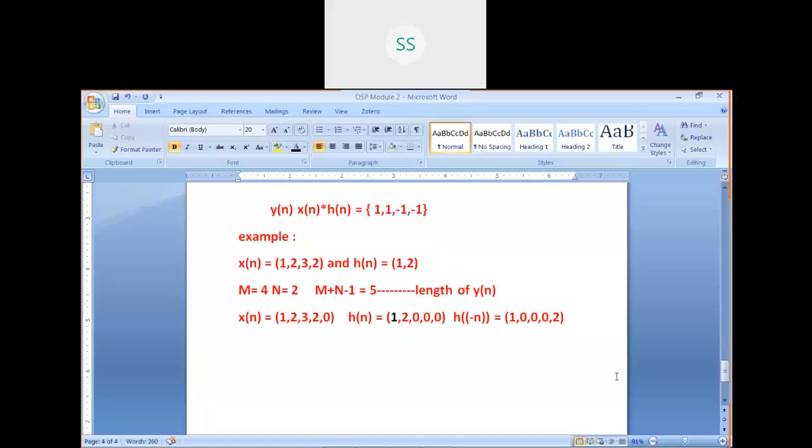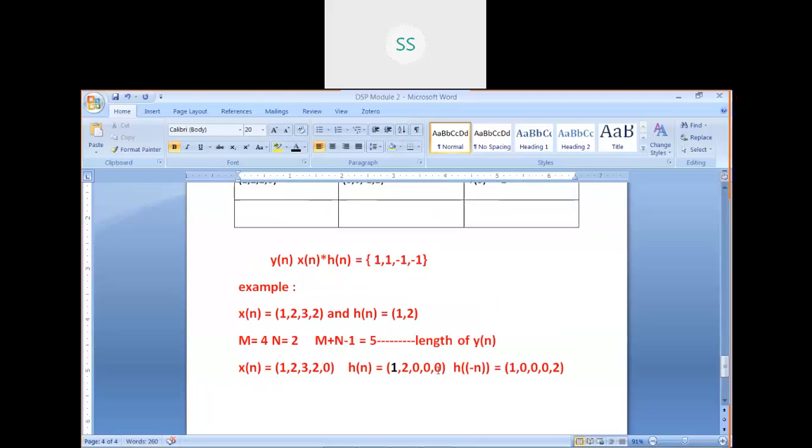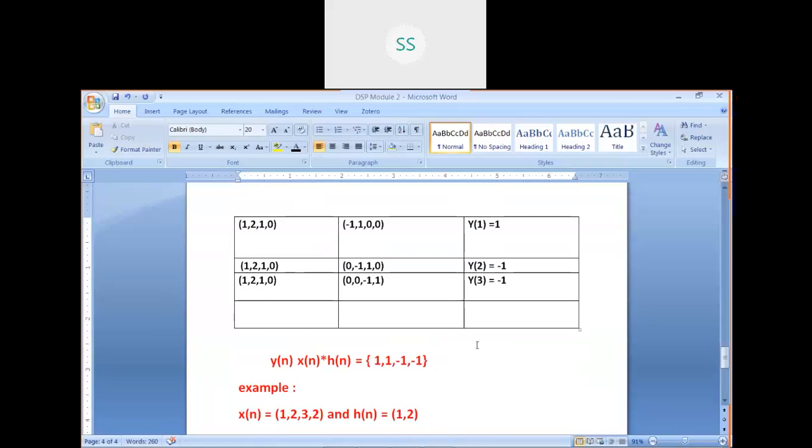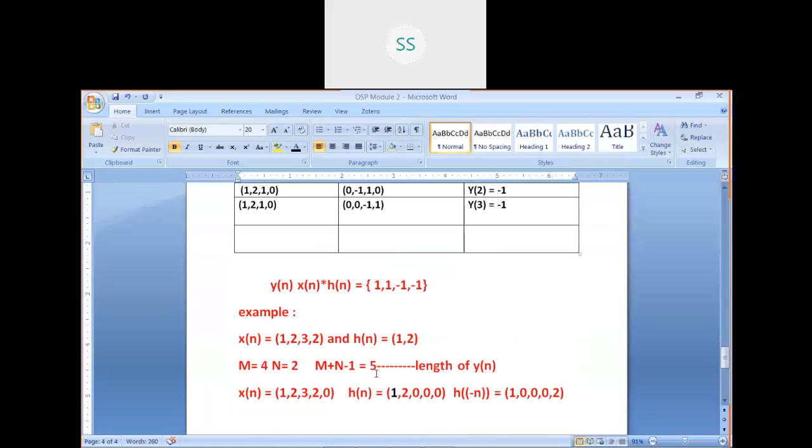Now you can write down the table and get the solution. I hope this procedure is clear. Yes, you complete this, and similarly you can calculate for the other sequences also.